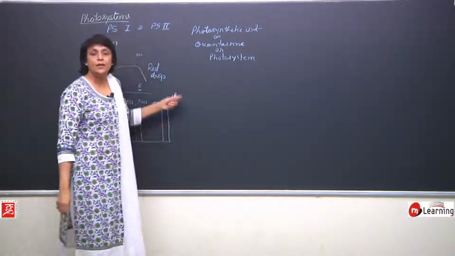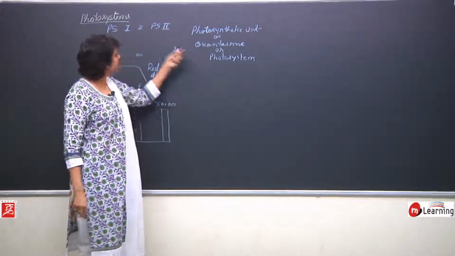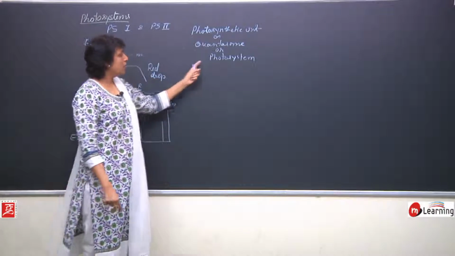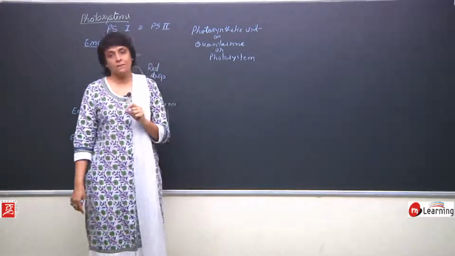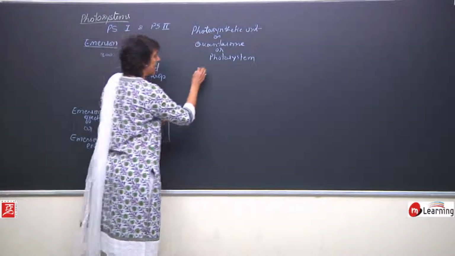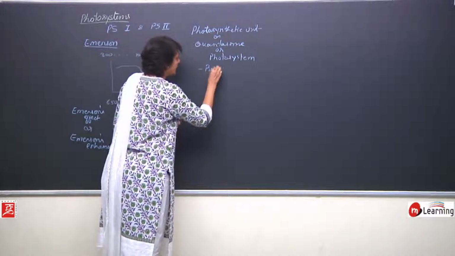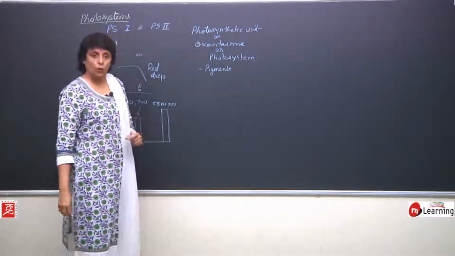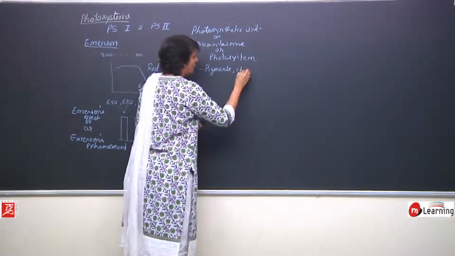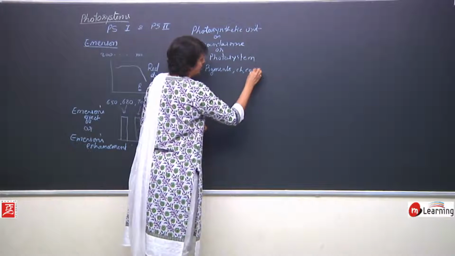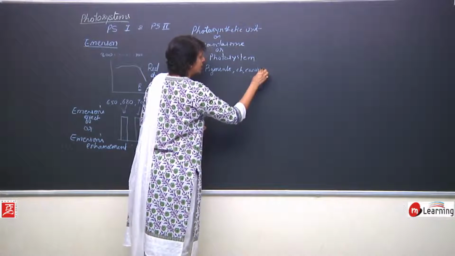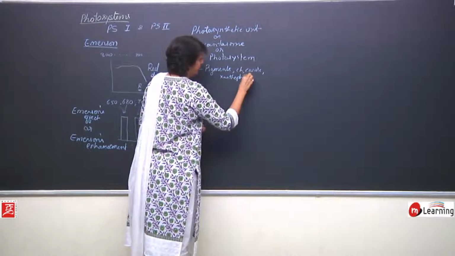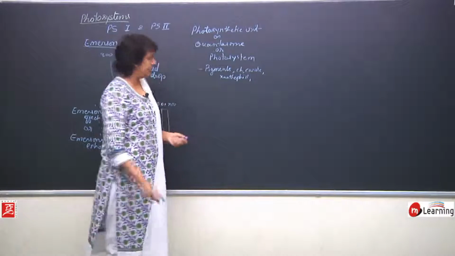Let us first see what exactly a photosystem is, and then we will see the difference between system 1 and 2. A photosystem is a collection of pigments. Which pigments are there in this system? Mainly chlorophyll, carotene or carotenoids, xanthophyll and phycobilins.